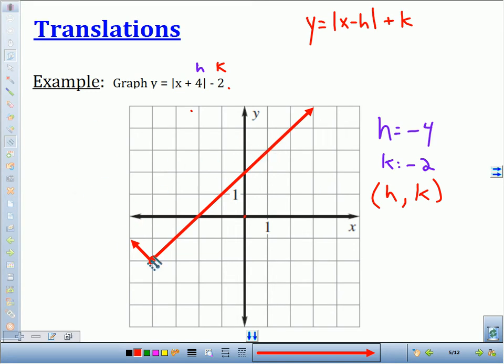That means that if I'm graphing my lines and I get something that is not a V kind of shape, I did not graph it correctly. Here I have one side and the other side would continue up this way. That is a V shape. So I know that I graphed it right.